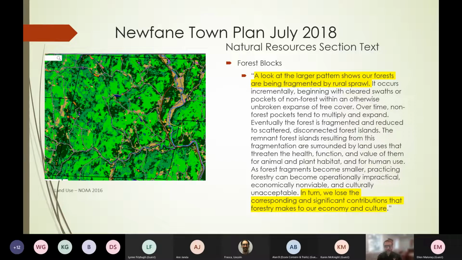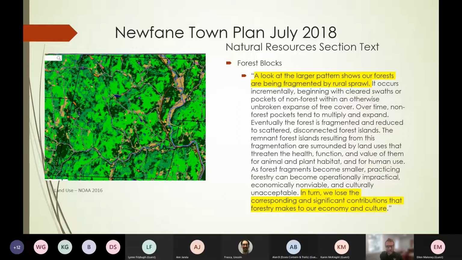And then the effect that that has on forestry, the economy, and even our culture. So there's really excellent language out there in town plans that other towns can use, borrow, to strengthen their own town planning. And really highlight these issues and come up with some ideas on ways to address them.